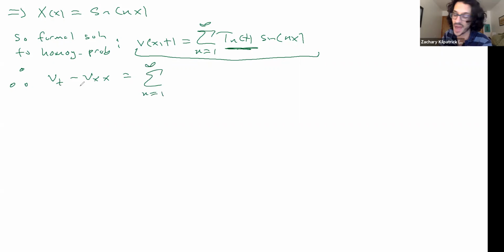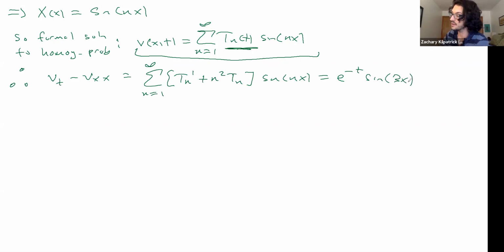So in that case, I get the sum from n equals 1 up to infinity. I can pass this operator through into this solution that I've derived, and I get T_n prime plus n squared T_n, multiplied by sine of nx, is equal to e to the minus t sine of 3x. So this came from here, and this came from here. I just differentiated my sine twice.